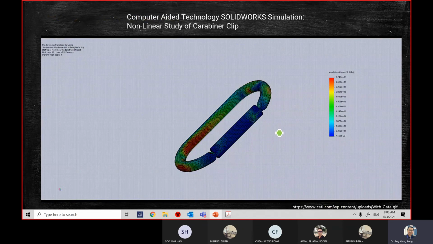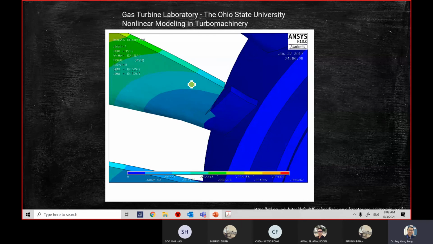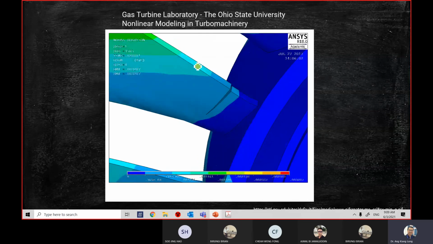So this one, if you use SolidWorks to simulate a non-linear behavior for Von Mises stress, as you can see, if you are pulling the caliper clip, the change of color represents the change of Von Mises stress inside the structure. This one is a wind turbine non-linear modeling.